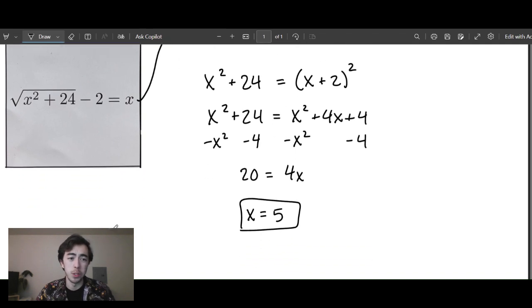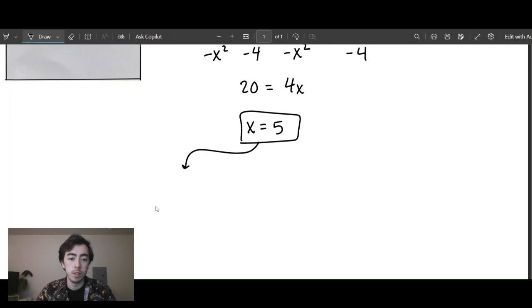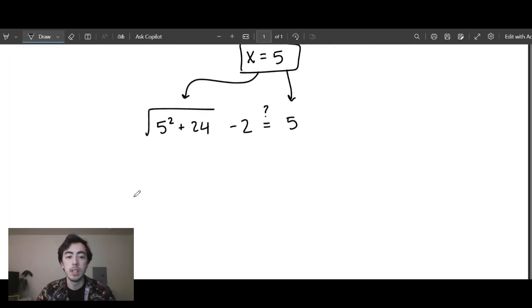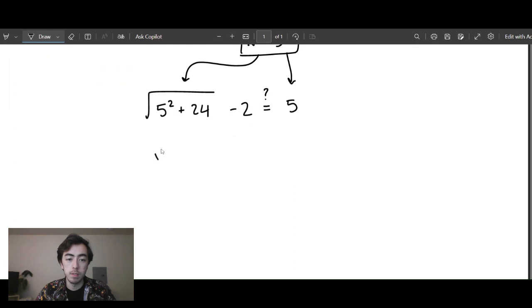Let's just plug it in just to be sure. So it looks like if I square root 5 squared and then add 24 and then subtract 2, I should get that 5 over here. And let's see if that's the case. 5 squared is 25, and then 25 plus 24 is 49.